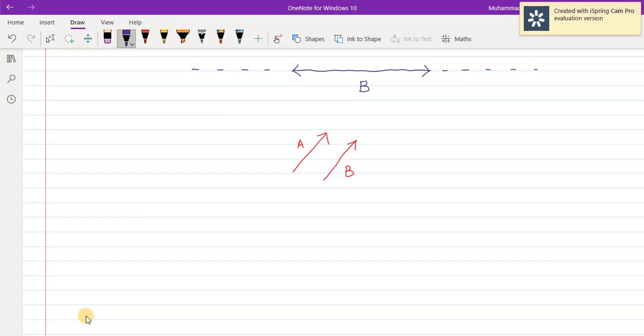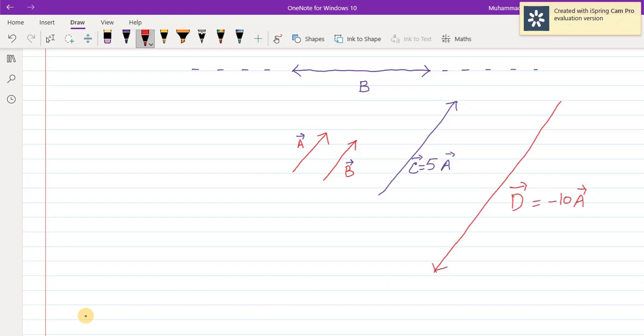Students, now consider another vector C, which is 5 times A. Consider another vector D, which is minus 10 times A. As perpendicular distance between vector A and vector C remains constant, similarly the perpendicular distance between vector A and vector D remains constant, so we can say these are parallel vectors.